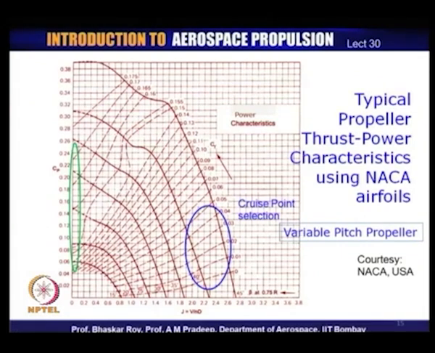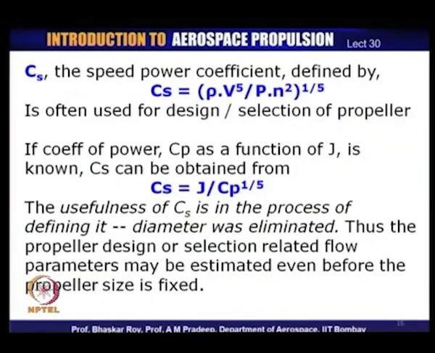Every propeller, once designed and created, would need to have characteristic plots like these for the engine designer and the aircraft designer to match to, and this is absolutely necessary for matching the propeller with the aircraft and the engine. There is a fourth characteristic which is often used, the first three being the thrust coefficient, the power coefficient and the efficiency.